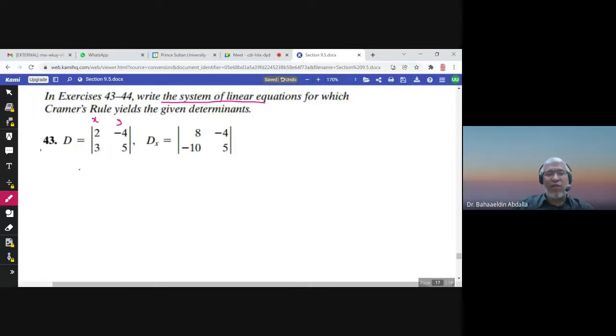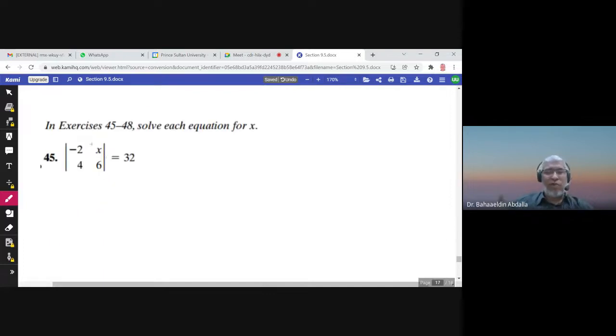So we know that the first equation is 2x minus 4y, and the second equation is 3x plus 4y. What are the constant terms? Well, you remember Dx, how to find Dx? We replace the coefficients of x by the constant terms. So these are the constant terms, and this is the system of linear equations.